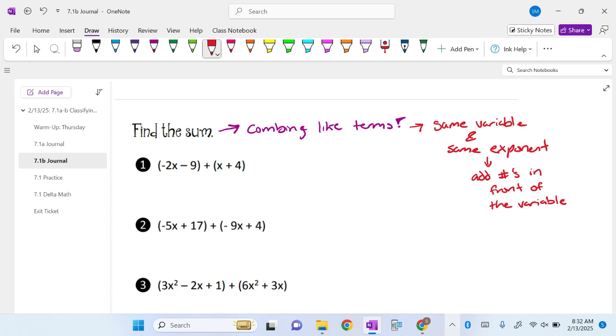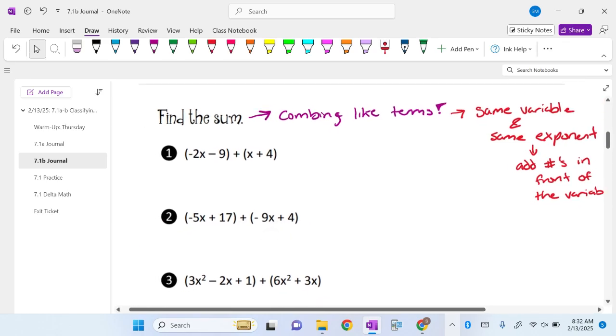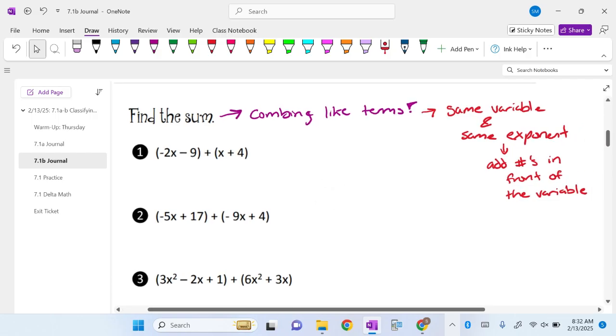All right. So my suggestion to you is that when you start combining like terms, figure out what your like terms are first. And either maybe highlight them in different colors or draw different shapes around them, just so you know, okay, these are the ones I'm combining. So, with like terms, number 1, can someone name me one set of like terms here?